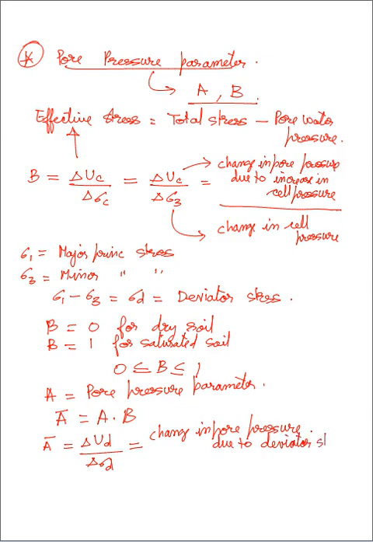Deviator stress is sigma 1 minus sigma 3, and sigma 3 is your cell pressure. So delta UD is the change in pore pressure due to deviator stress, and delta sigma D is the change in deviator stress.